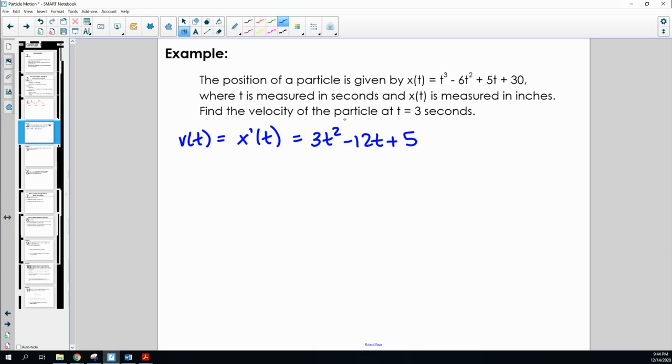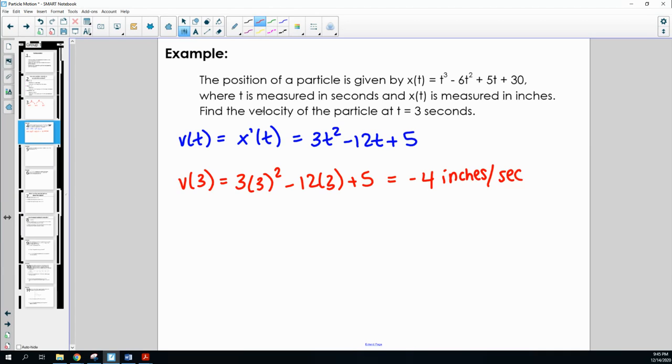Now I want the velocity at t equals 3 seconds, so I'm going to do v of 3 and plug 3 into t. So 3 times 3 squared minus 12 times 3 plus 5, and this is going to give us negative 4. The units are going to be inches per second, since we had inches for x and seconds for t. So negative 4 inches per second.